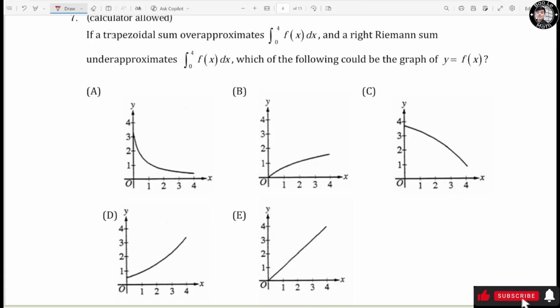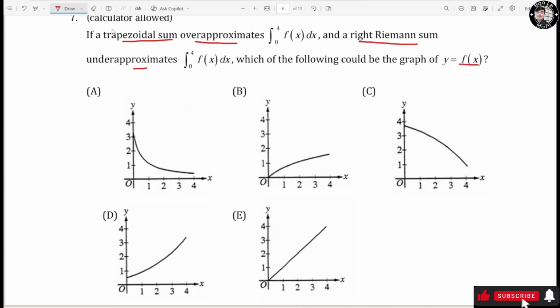Now let's move on to question 7. If a trapezoidal sum overapproximates the integral from 0 to 4 of f(s) ds and a right Riemann sum underapproximates the integral from 0 to 4 of f(s) ds, which of the following could be the graph of the function f(s)?